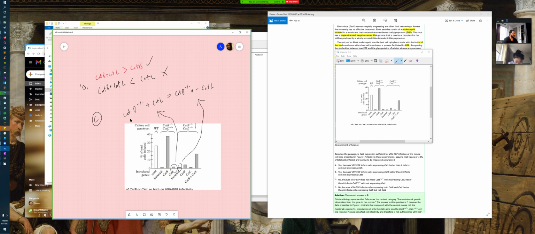Yes. Okay, hold on. Let me read it. This is something that doesn't express cat B, but you're introducing cat L to it. Wait, actually, hold on. Let's just use this over here. No cat B, no cat B, right?